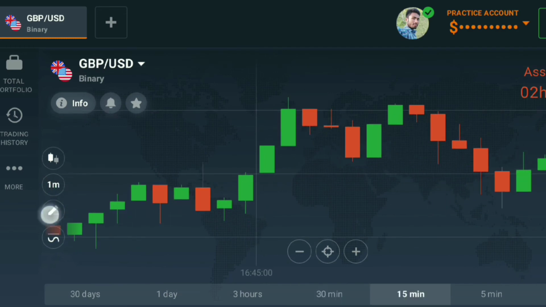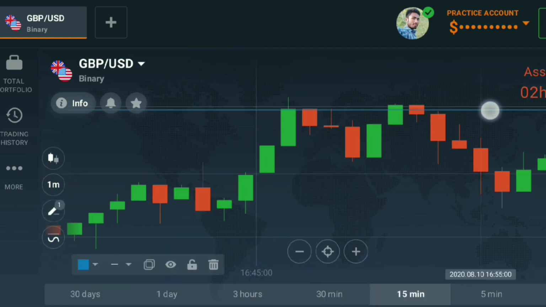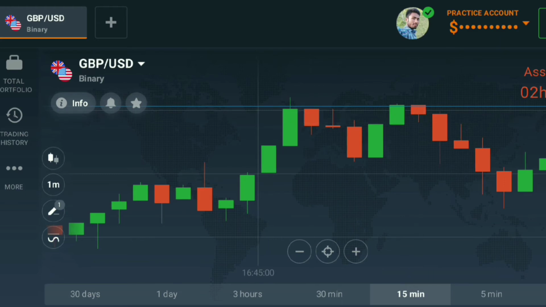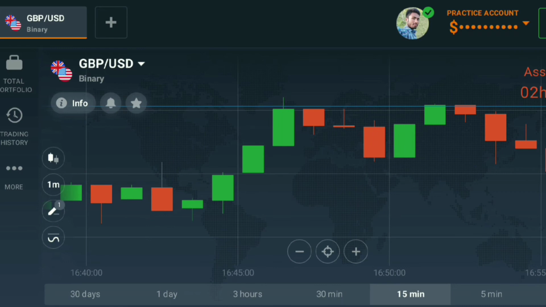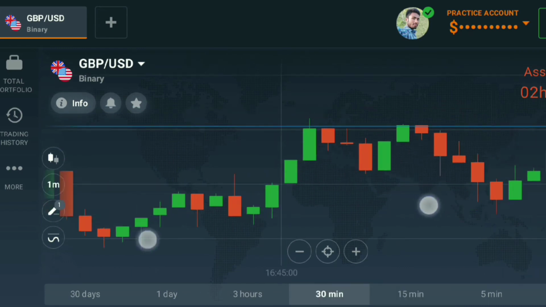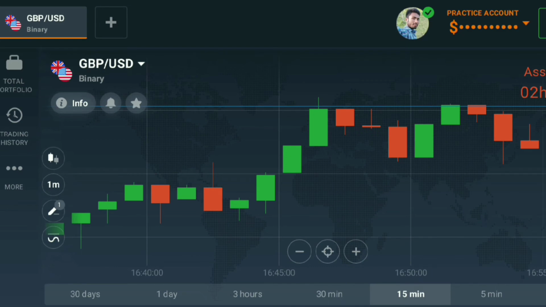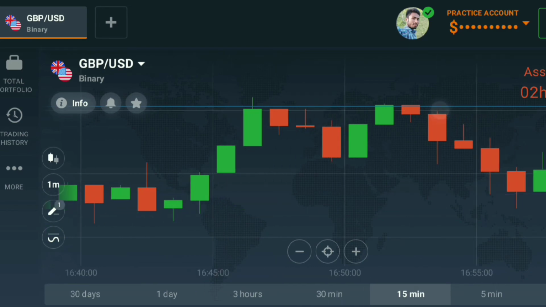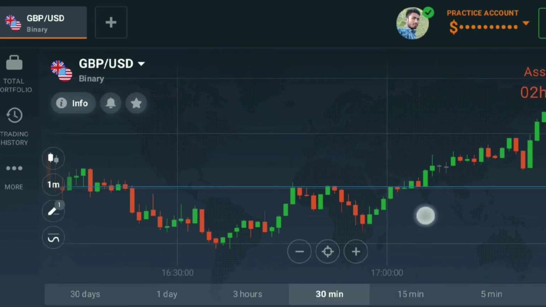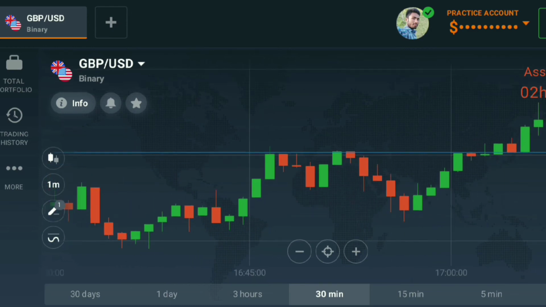Okay, here you can see a double top pattern, right? So this is the first top and this is the second top. If you find this type of double top pattern after a momentum, after a trend, you have to know that the market is now going to change its trend, right?